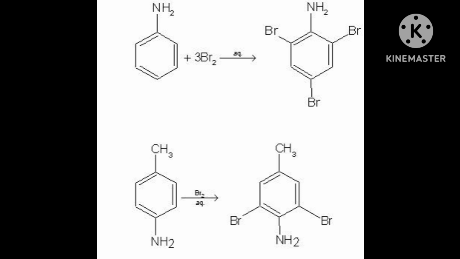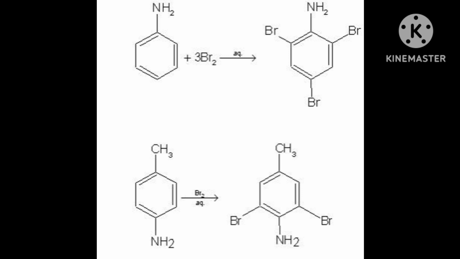Acid hydrolysis means the bond between N and C in N-CO-CH3 will break. It will go as C double O CH3, where C is plus, and in its place H plus will join the N, because N will be negative.